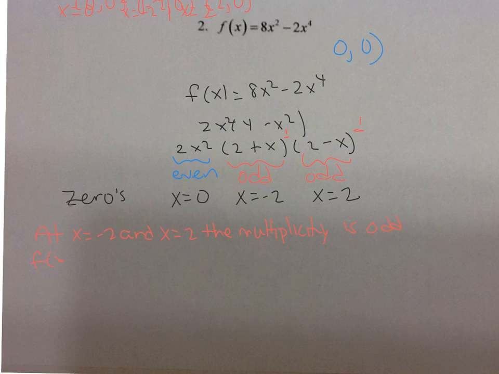So f of x crosses the x-axis at x equals -2 and x equals 2.